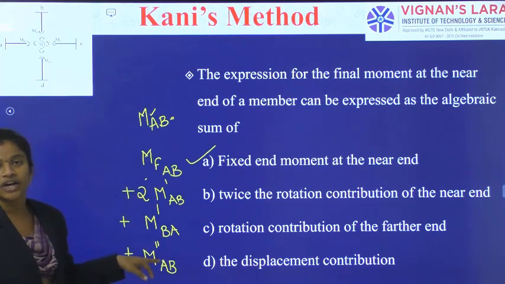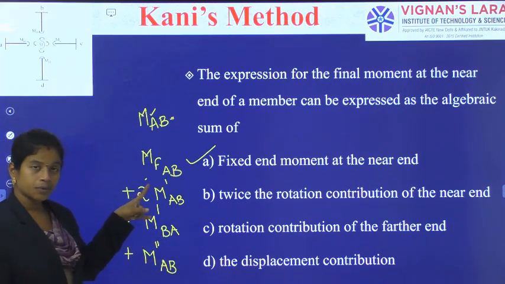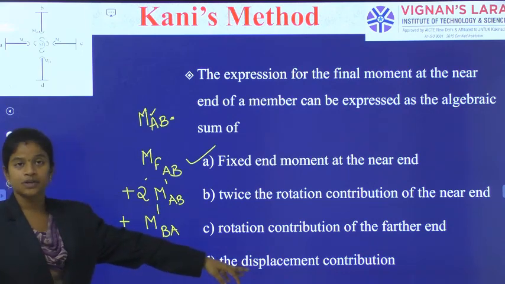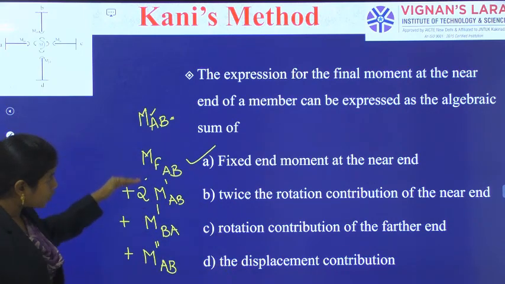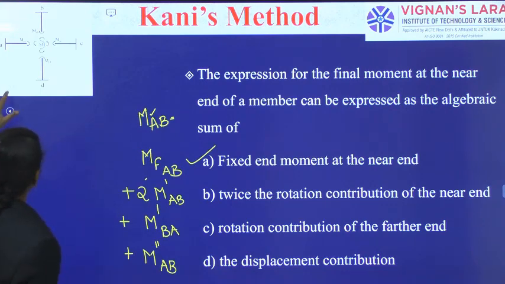Displacement contribution has 2 dashes. Rotation contributions have 1 dash, displacement contribution has 2. So the displacement contribution. Okay. In this way, the whole formula will be completed.